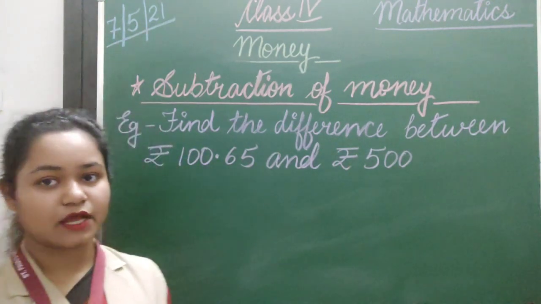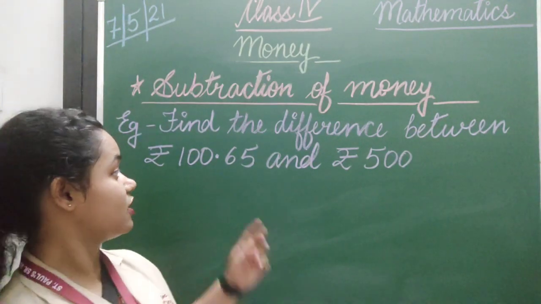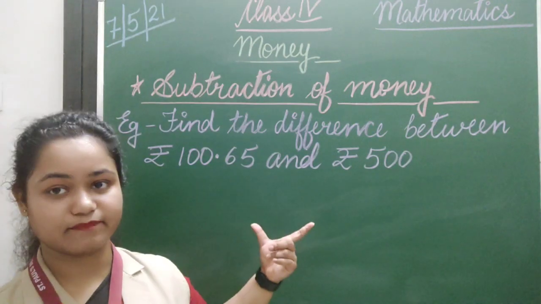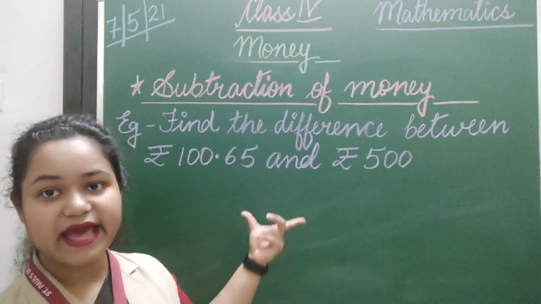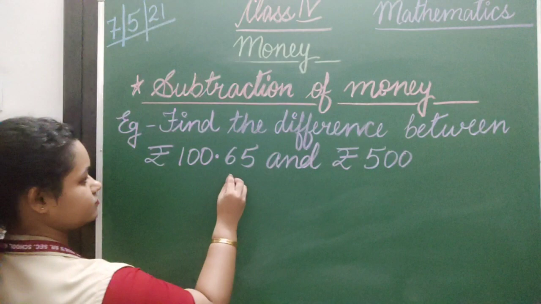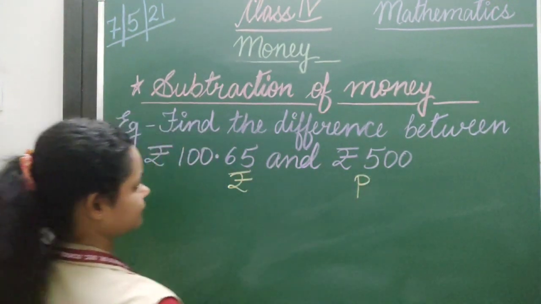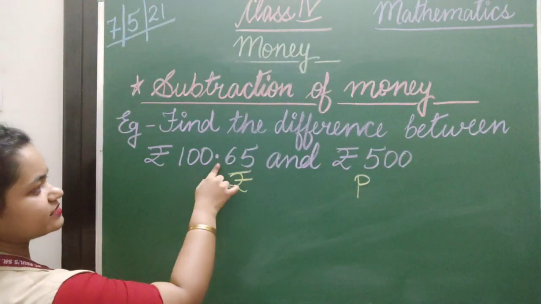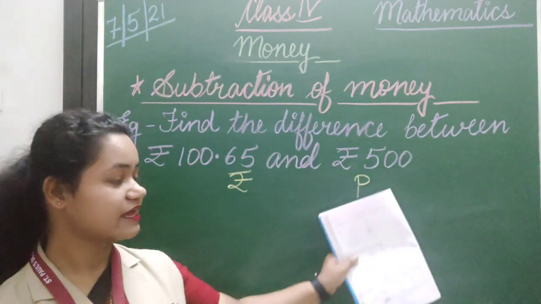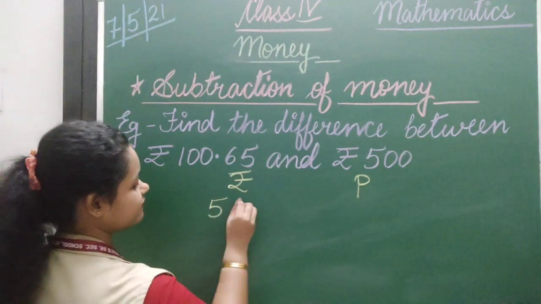Now is it clear? Now, when you are going to solve it, what you need to decide first is which among these two numbers is big. That number you are going to keep on top and the other one below it. Understood? So, rupees and paisa. Is rupees 100.65 greater or is rupees 500 greater, my dear students? Rupees 500. Very good. So, rupees 500.